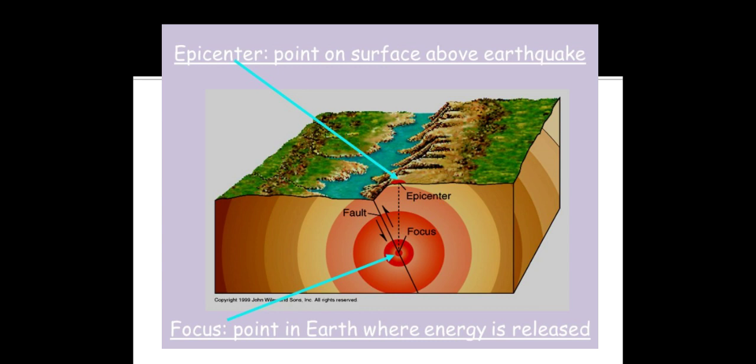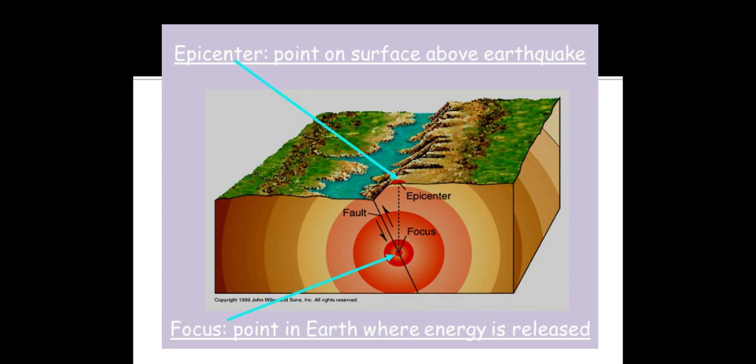So from there also the epicenter you see on the surface of the crust, and from there everywhere it distributes. So the vibration, the disturbance, where the disturbance occurs is in the mantle area, then it comes to the epicenter and then the earthquake takes place. Now you see focus is the point in earth where energy is released, and epicenter is the point on surface above the earthquake.